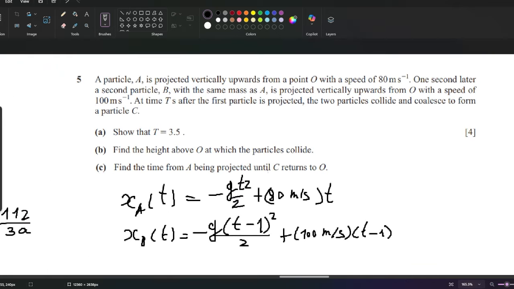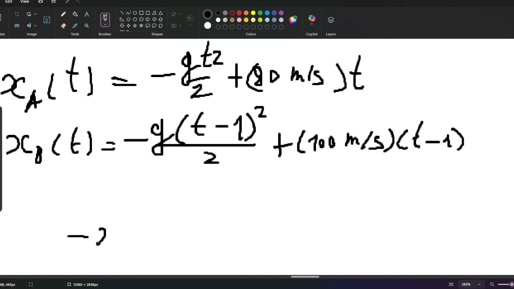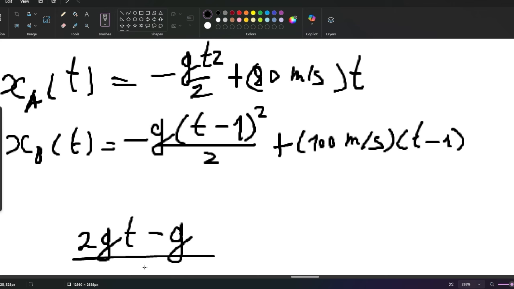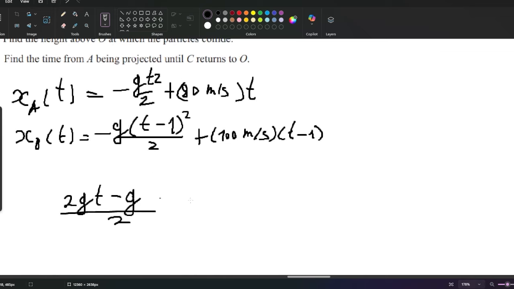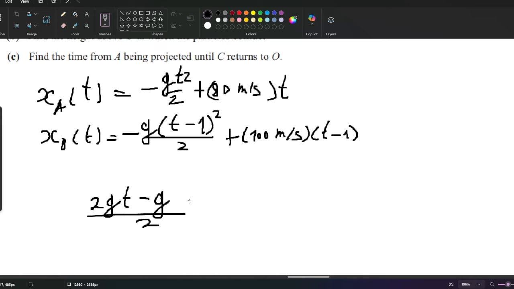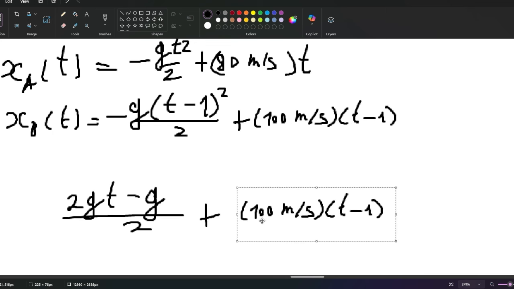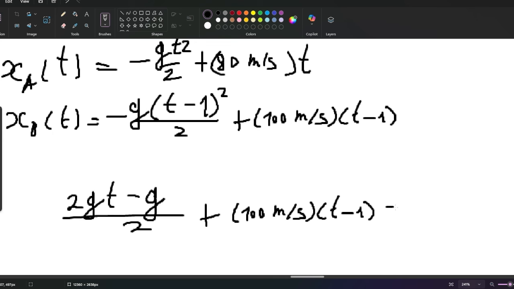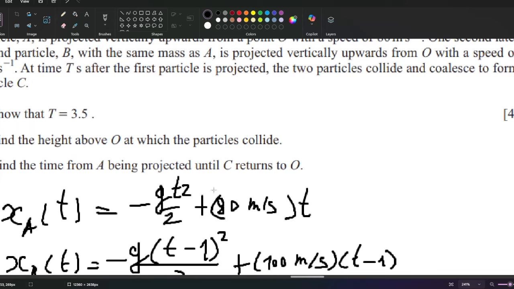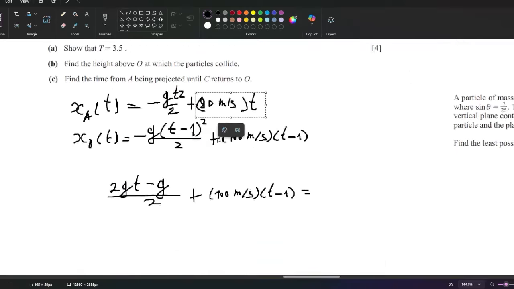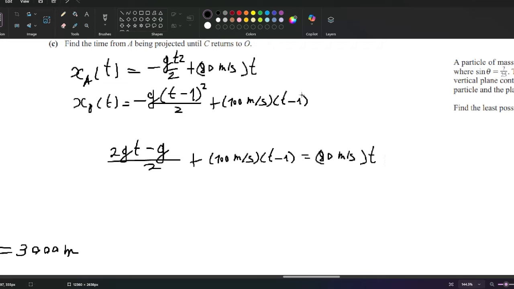Alright. Then 2gT minus g over 2 plus this part is equal to this part. I think so.